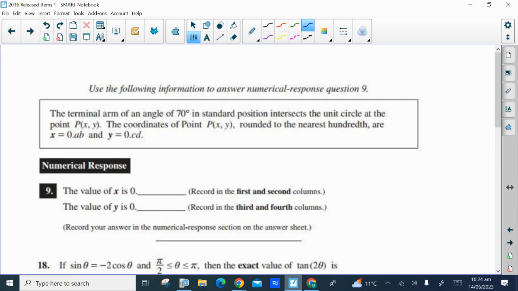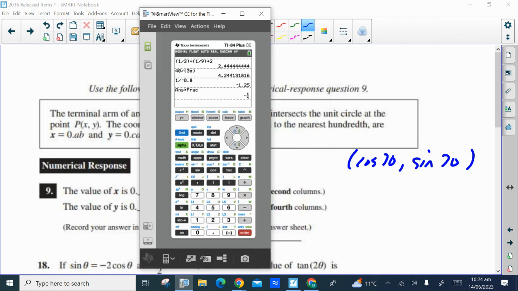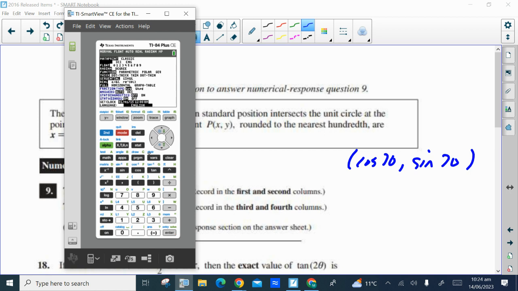In this case, the angle is 70 degrees. So this is how we get our values of AB and CD. We round each of these to the nearest hundredth using the calculator. Because we're in degrees, we need to be in degree mode.